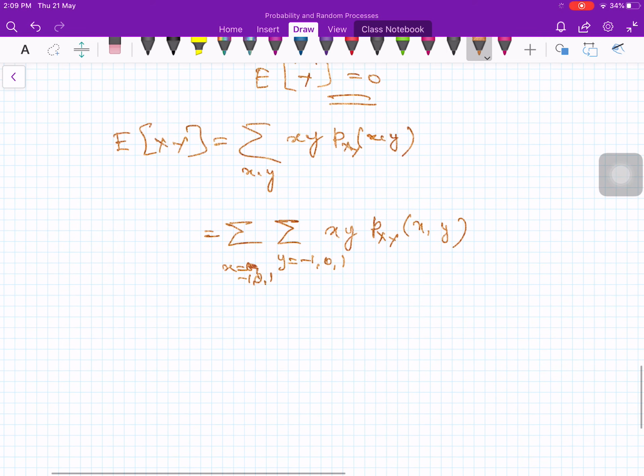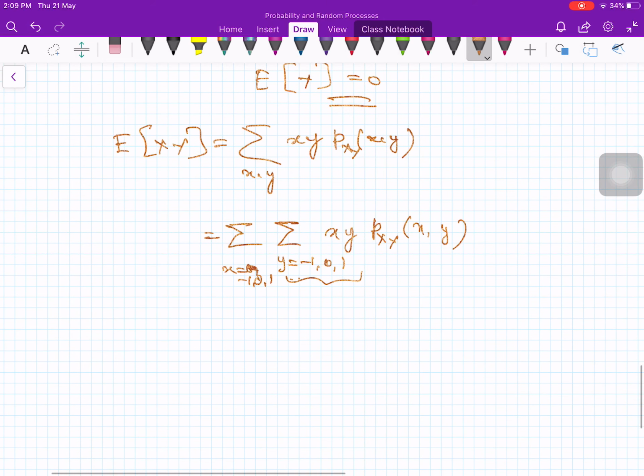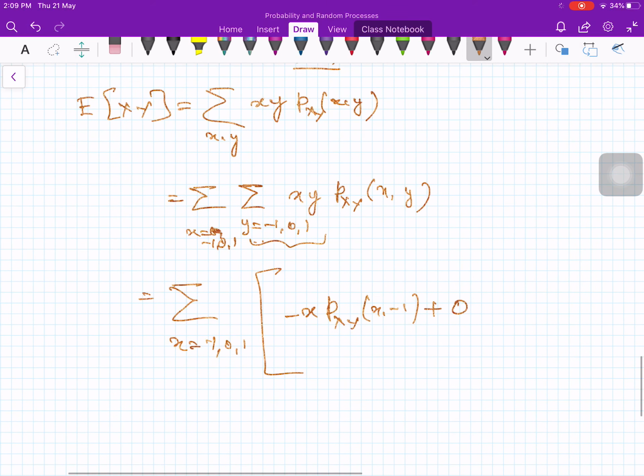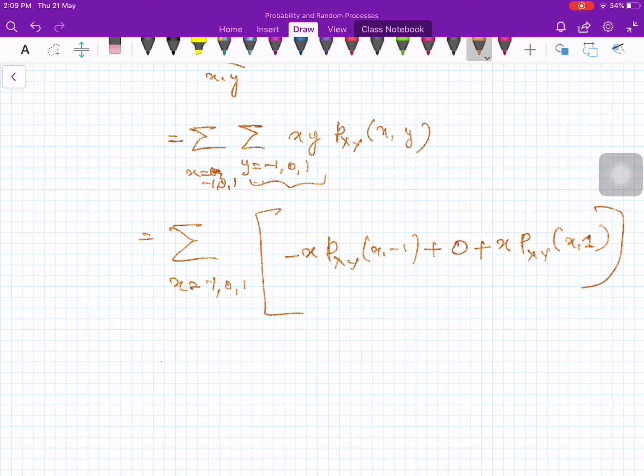Now let me expand the inner summation. So this is going to be the summation over x equal to -1, 0, 1, and here when y equal to -1 you get -x pXY(x, -1), plus when y equal to 0 it is 0, 0 times anything is 0. When y equal to 1 you get x times pXY(x, 1). So this is the expansion. Now substitute different x values.